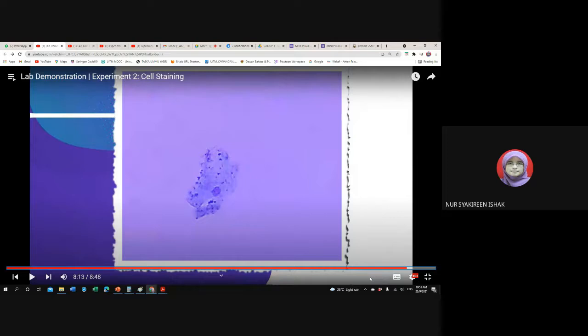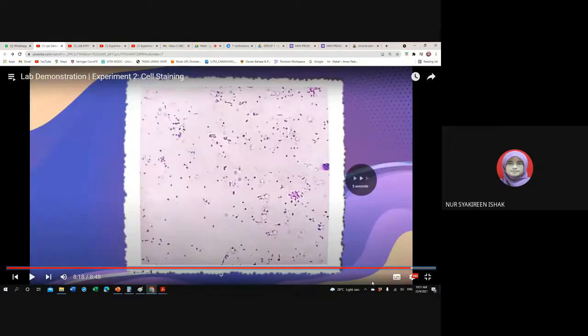So you draw the image for 40 times magnification, 100 times magnification and 400 times magnification. Okay, labelkan kesemuanya. Okay, so this one should be 40, this one should be 100. Okay, so this one should be 400. I'll check balik, okay, dengan dia punya explanation.